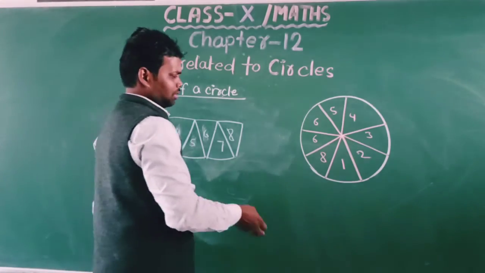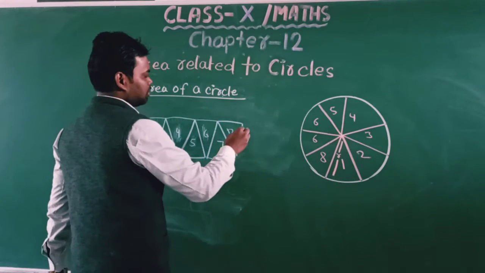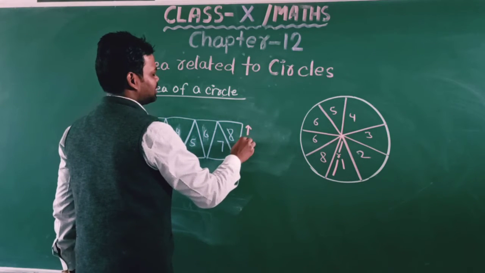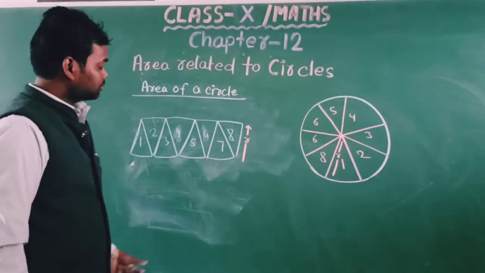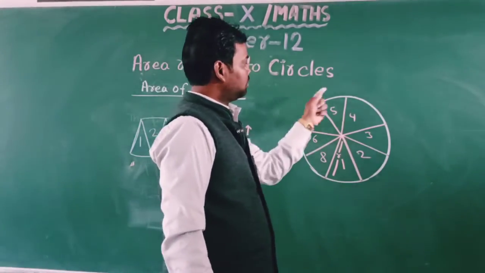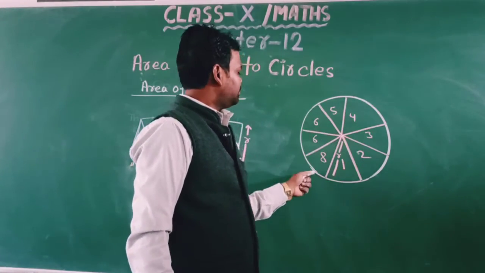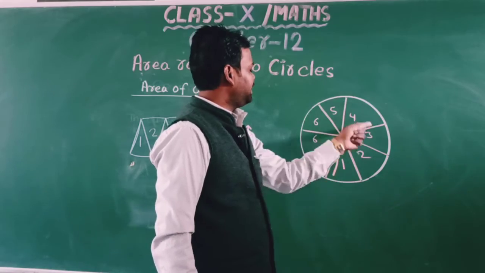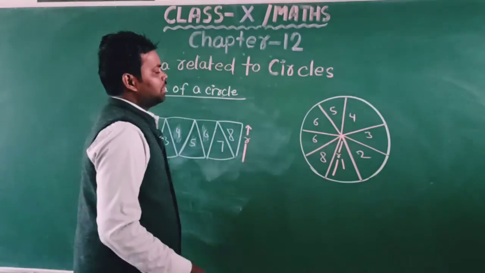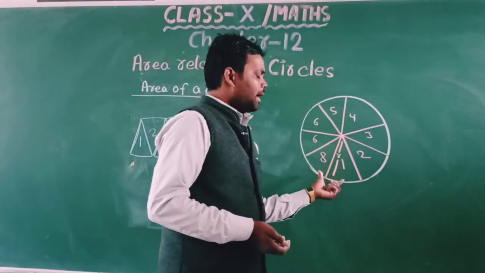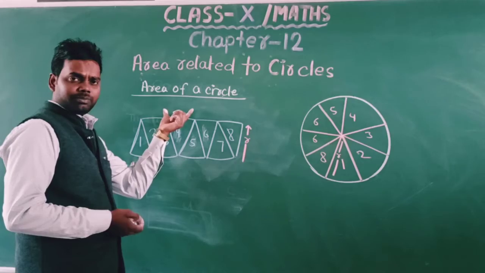This is the radius r, which is over here. The total length of the perimeter of this circle is 2 pi r, but half the part is going up and half is below.